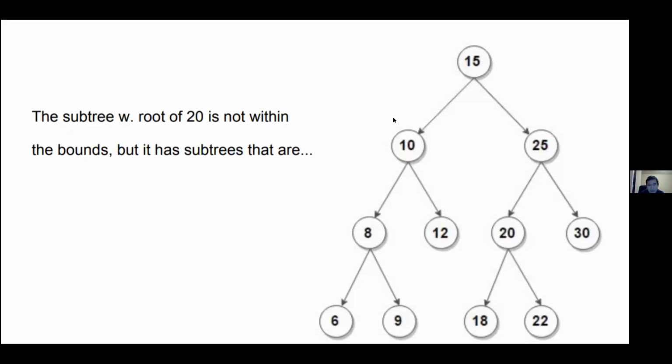Basically, first of all, in this problem right now we just have a BST.